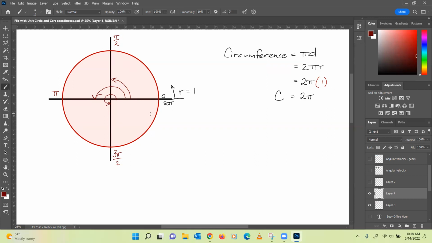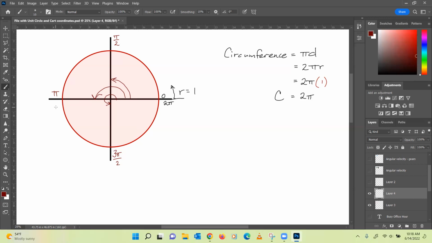So we can really break this circle down as much as we want like this into versions or relationships with pi, recognizing that pi was halfway around the circle. And one of the things that we will often populate is a figure called the unit circle.